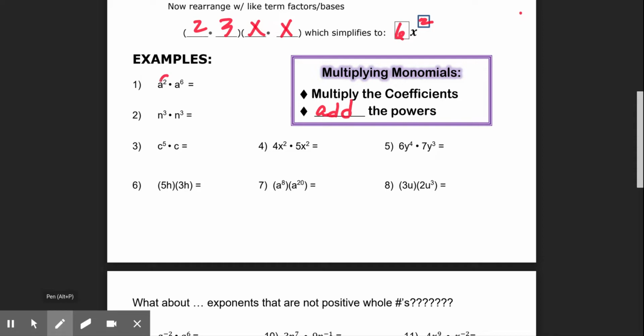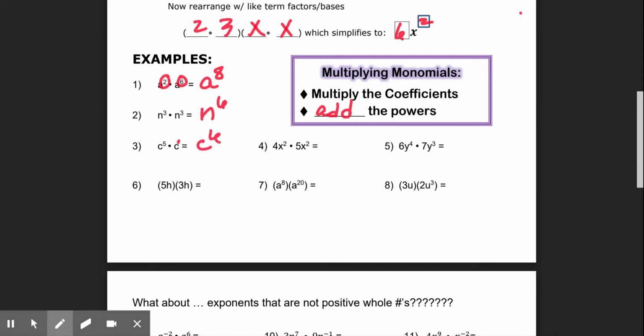So 2 plus 6 gives you 8. So this would be a to the 8th power. Number 2, you can add the 3 and the 3. So 3 plus 3 gives you 6, so to the 6th power. Number 3, if it doesn't have an exponent, it's understood to be 1. So 5 plus 1 gives you 6.